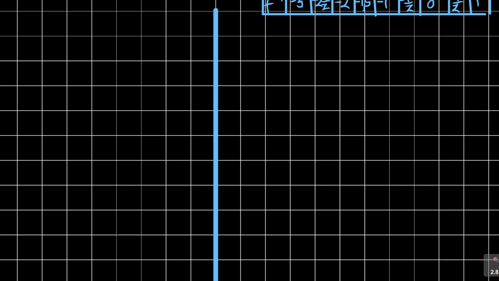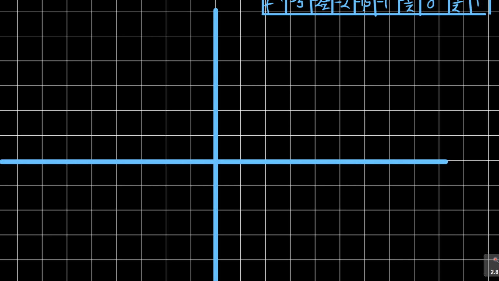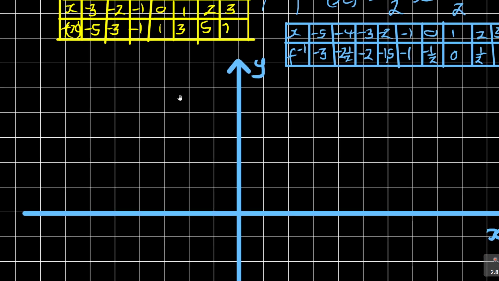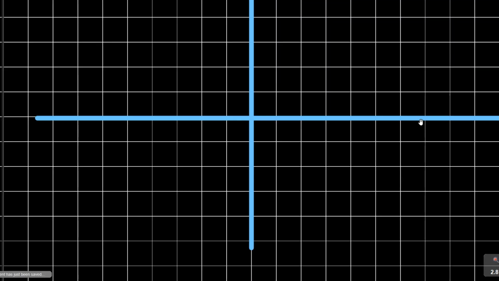Let me take it a little bit down. Alright, so these are my x's. Remember, this becomes my y, this becomes my x. So this is my y-axis, this is my x-axis. I want to plot this graph of the inverse as well as the original graph.